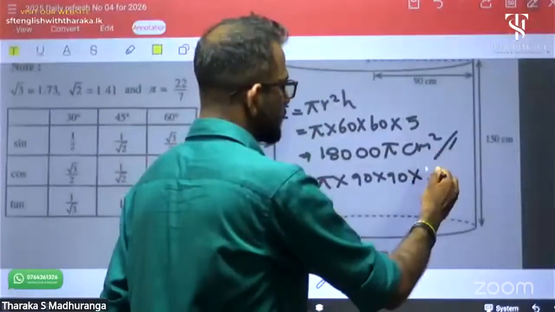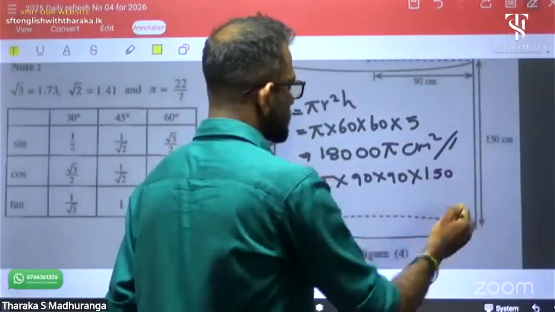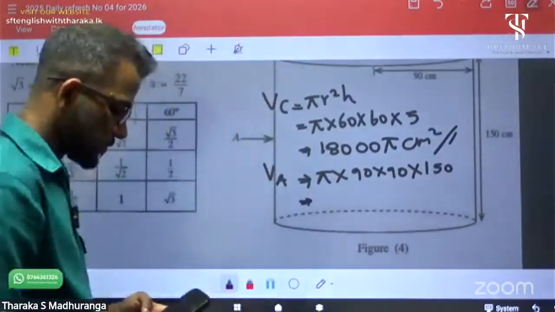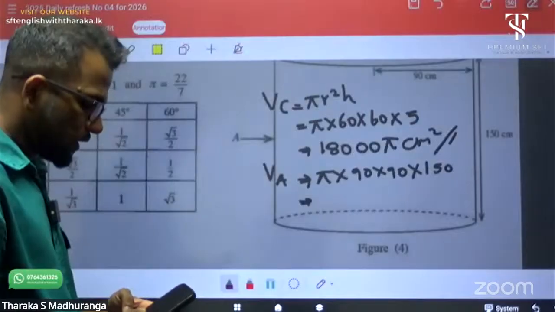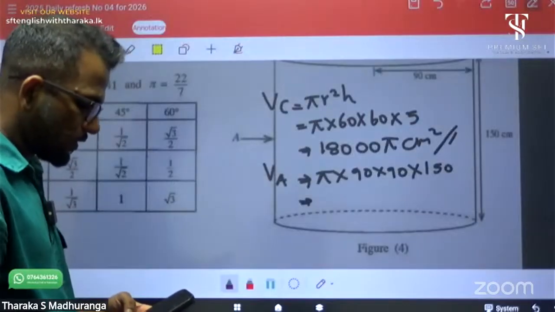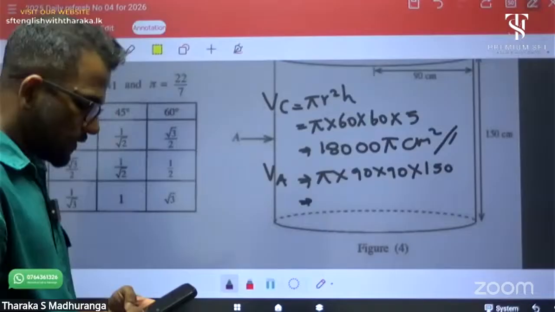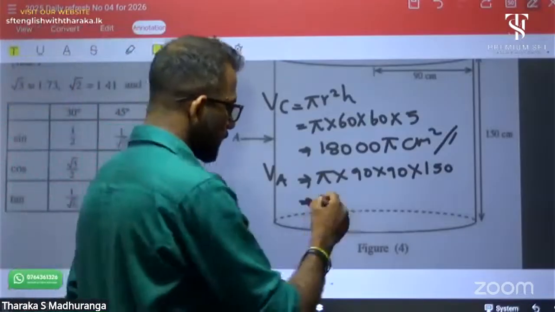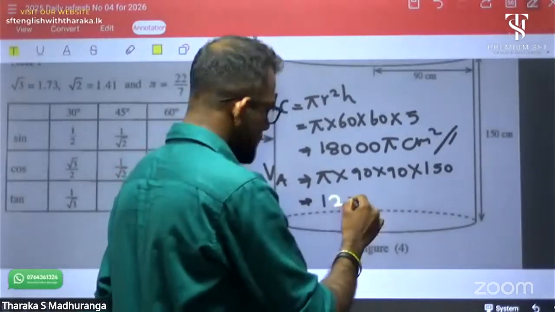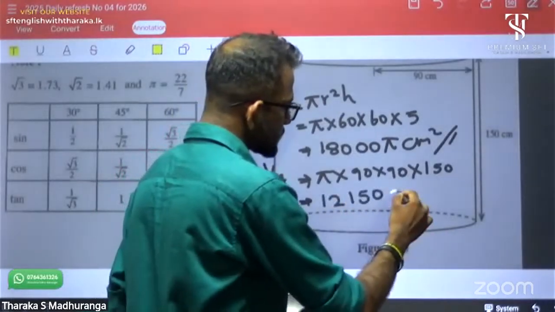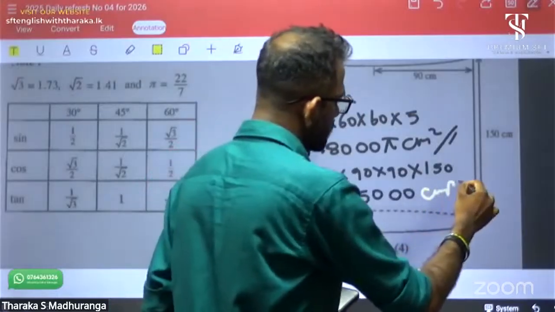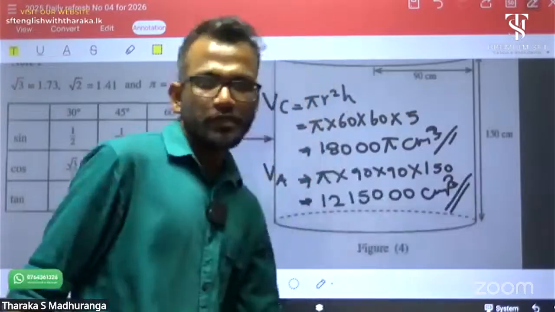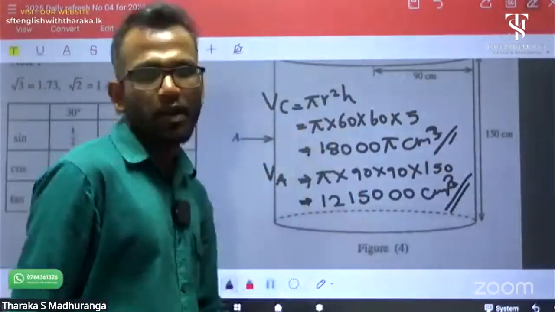Height 150. 9 into 9, 81 into 150. 20 square centimeter. Sorry, cubic centimeter. Cubic centimeter. Okay, this is a part A volume and part C volume.